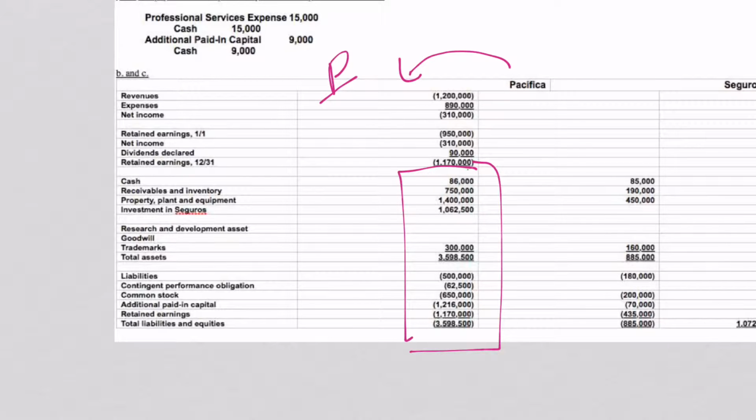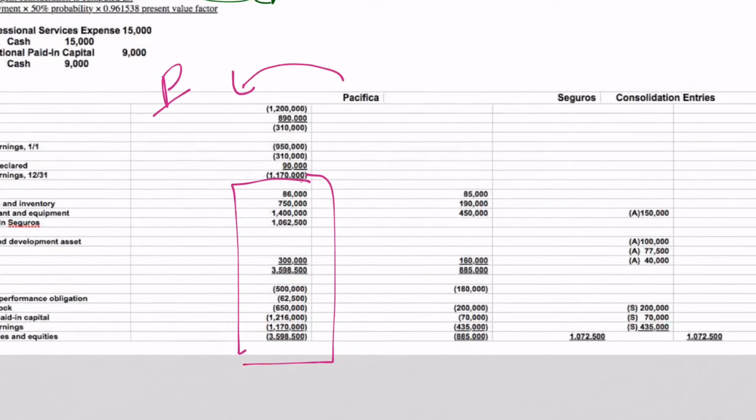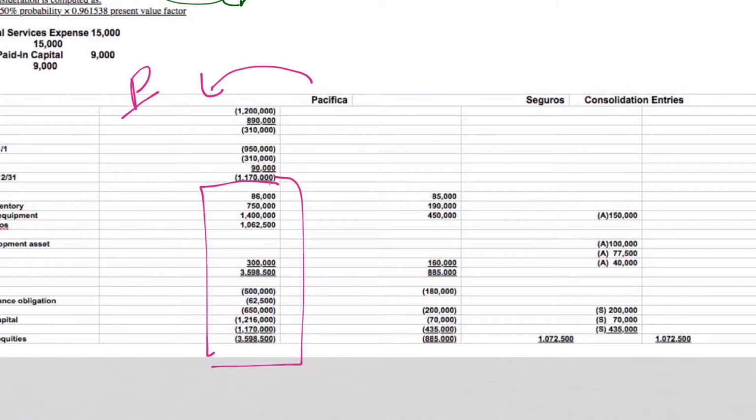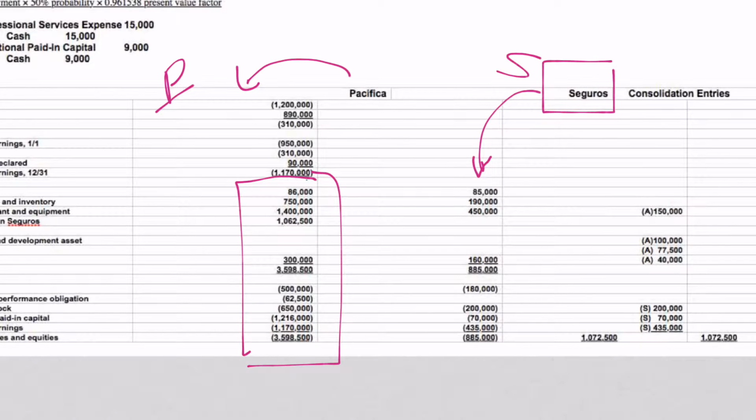Then the next column is the surviving subsidiary entity. Remember, it survives as a legal entity unto itself, and that's why we have a column for it with its numbers, because it needs to keep its own set of books.